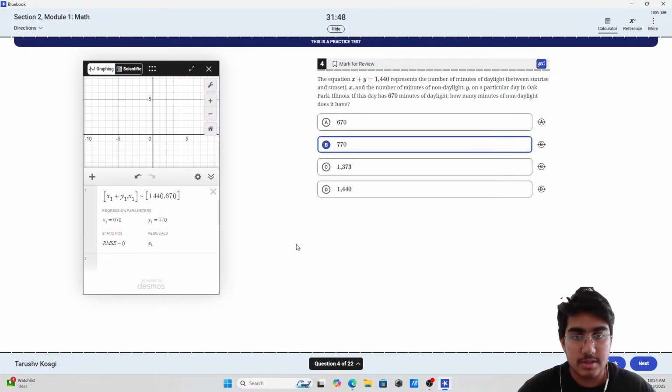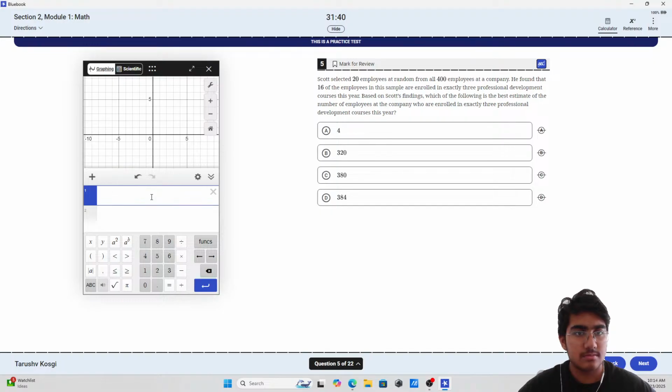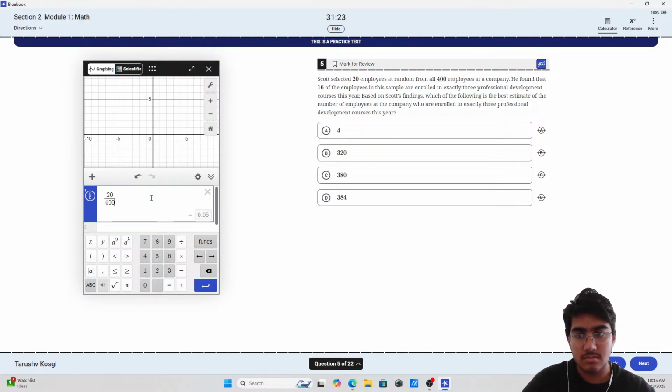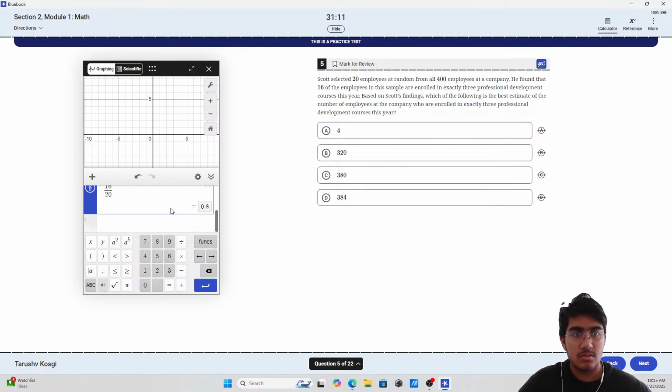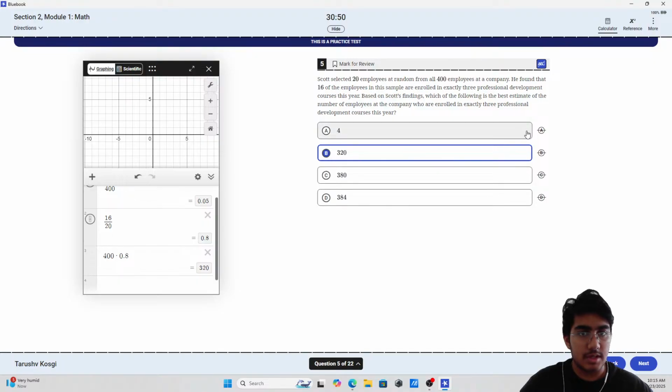So that means that the amount of non-daylight is 770. 0.8. Well, 320s right there.